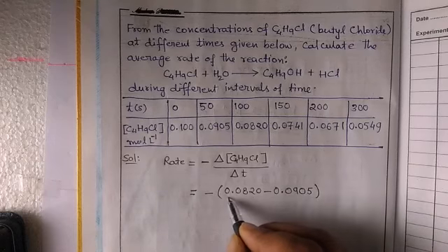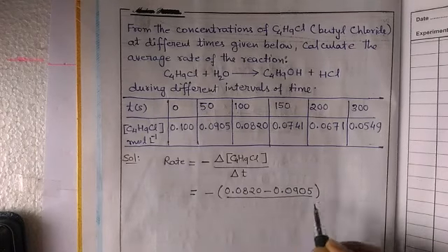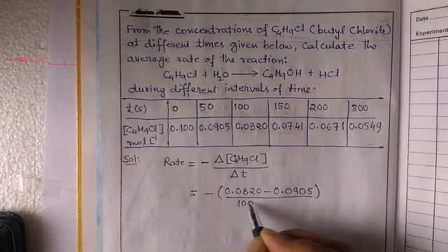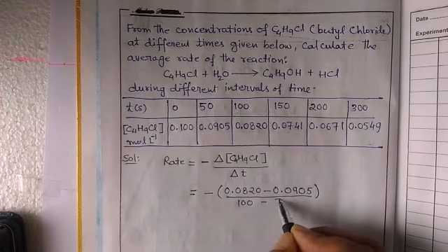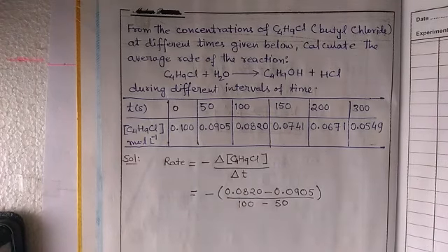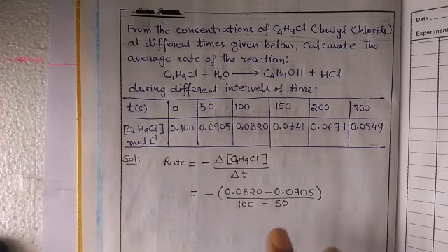So bracket close, and now it's time to take the value of time. Final time is 100 seconds, and then it started from 50 seconds. This is the initial value we have with us. So this is how these values will be put together.